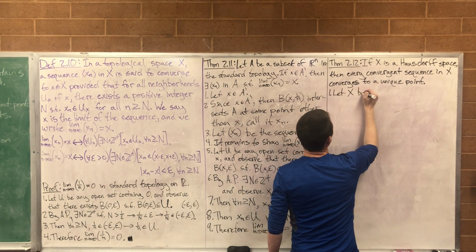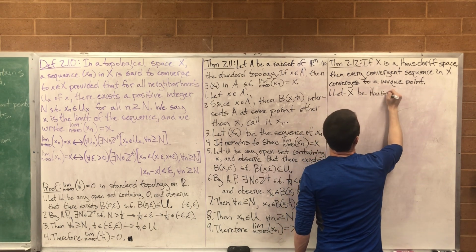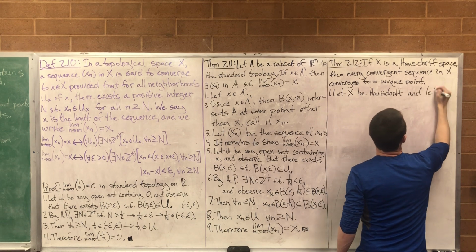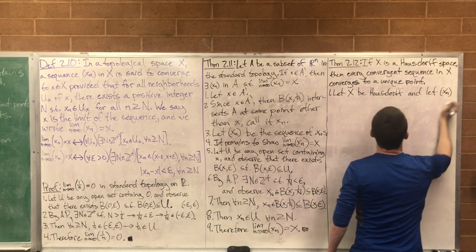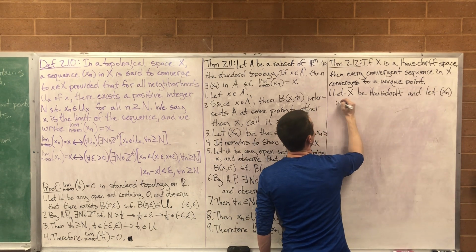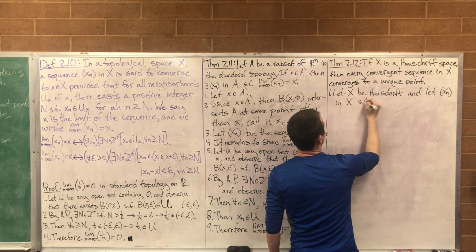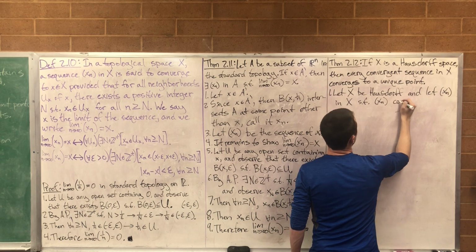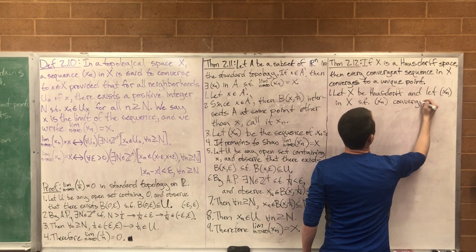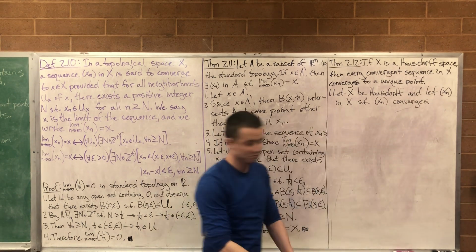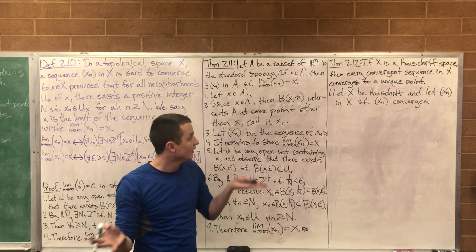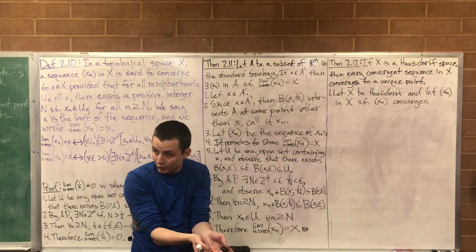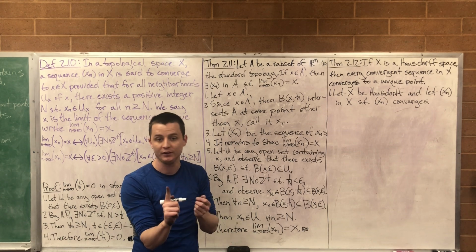Let X be Hausdorff, and let x sub n in X such that x sub n converges. So big X is some Hausdorff topological space, and x sub n is some sequence that converges. That's all we know about it. We need to prove that it only converges to one thing.